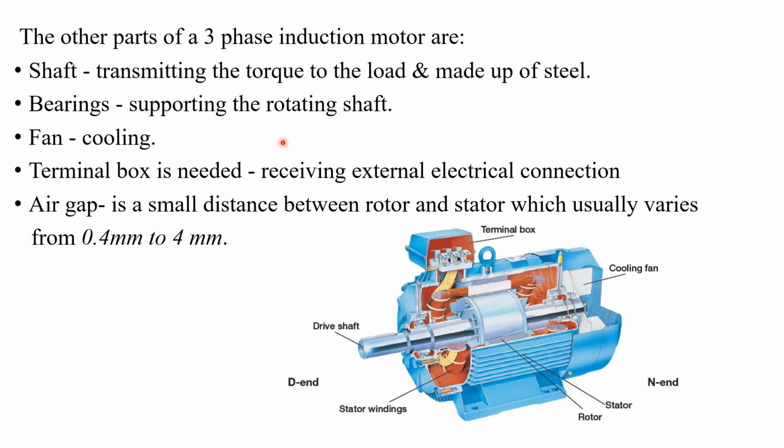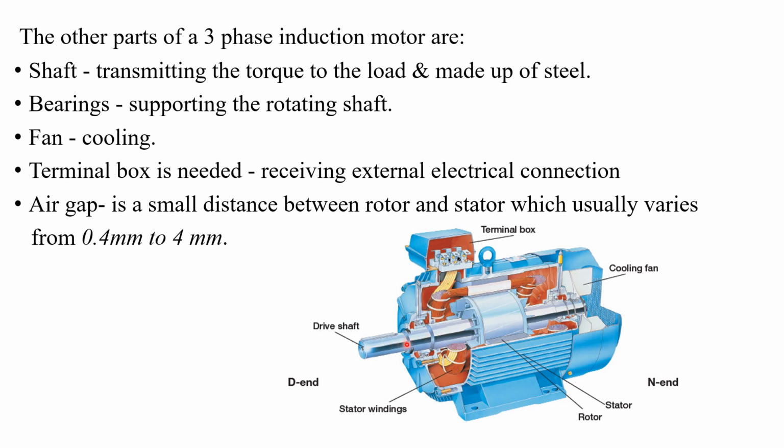In addition to stator and rotor, we need some more requirements. Here you can see the sectional view of a three-phase induction motor. Here we need a drive shaft, which is made of steel and transmits the torque to the load.